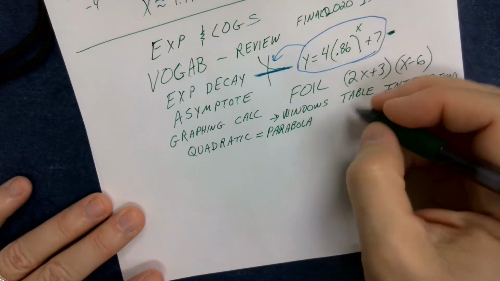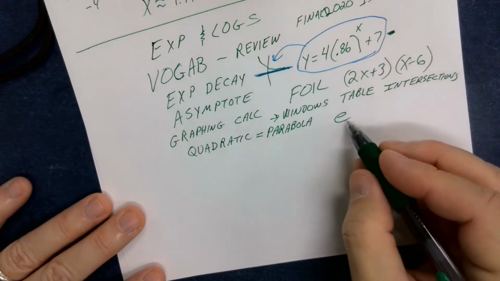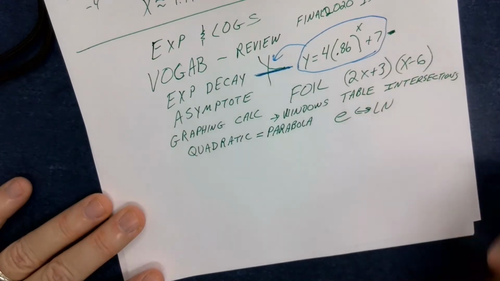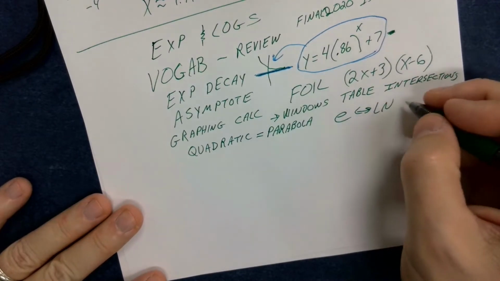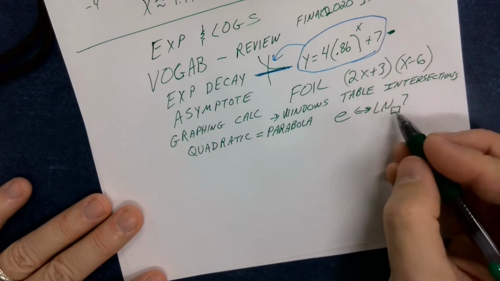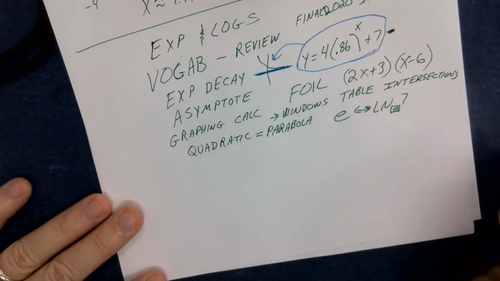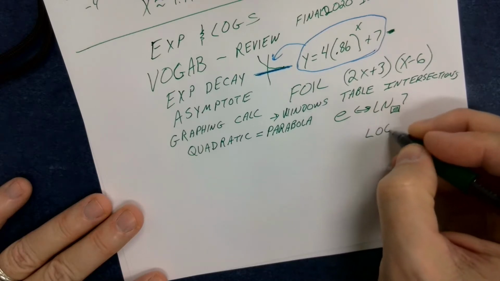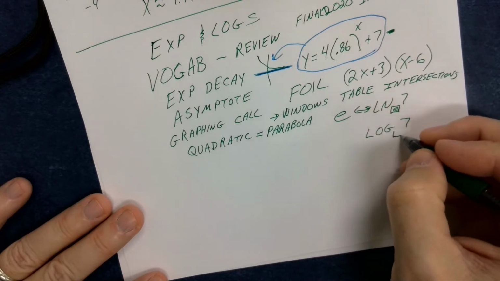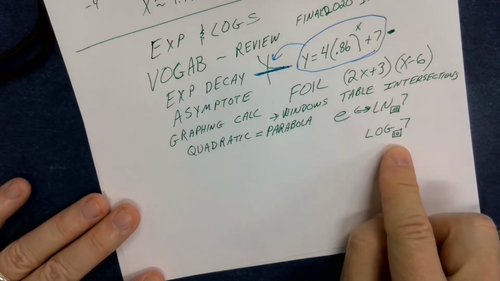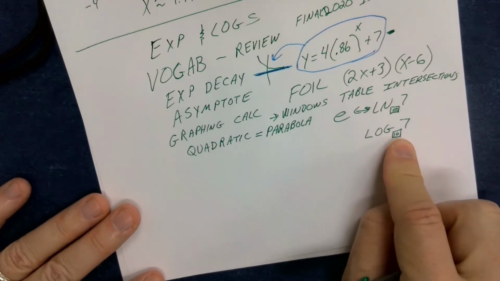Okay. You need to know what this is and that its partner is this. If I said the natural log of 7, you know the implied base down here is e. And if I had a log of 7, its implied base down here is a 10. So a log with no base written is implied to be 10.